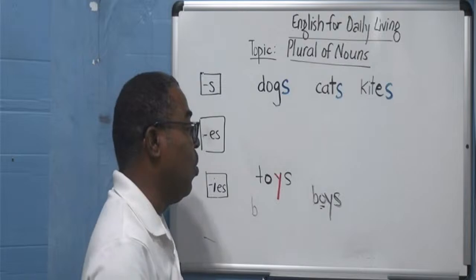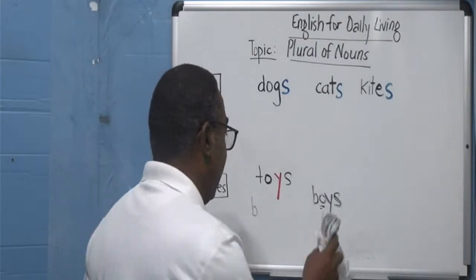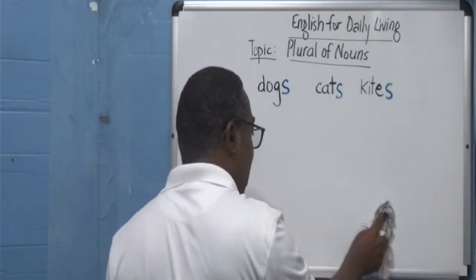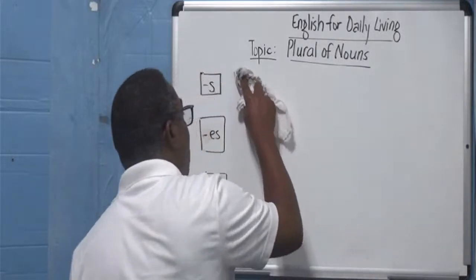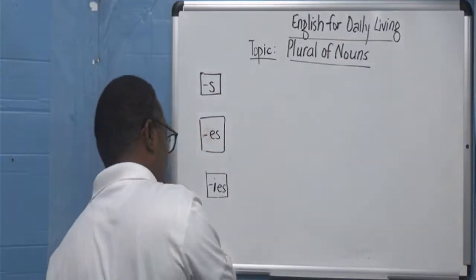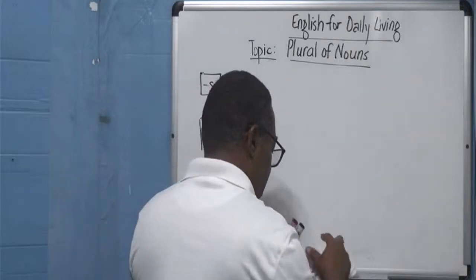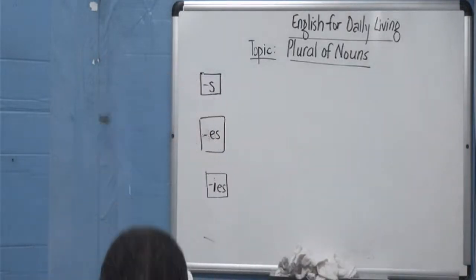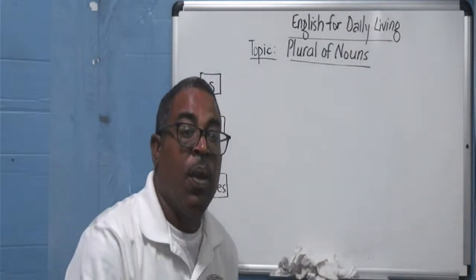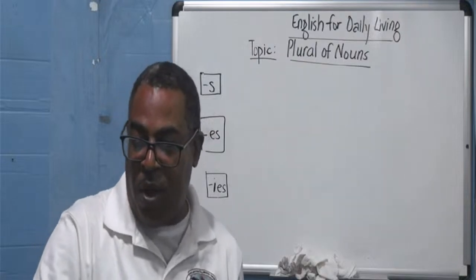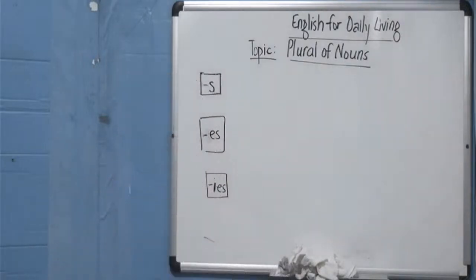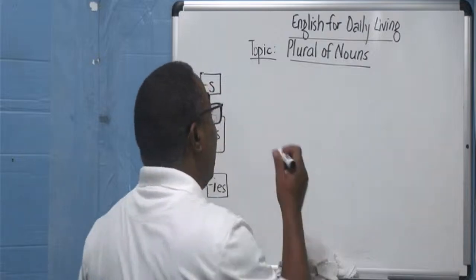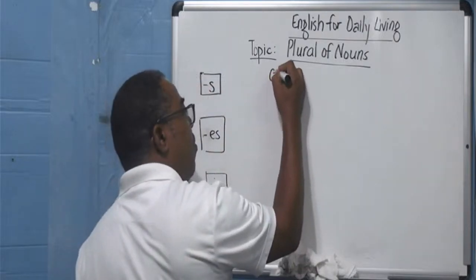Let's go ahead and give you some to do. I'm going to write some nouns on the board. I'm going to ask you to write the plural of these nouns. Give the plural of the following nouns. It's application time.